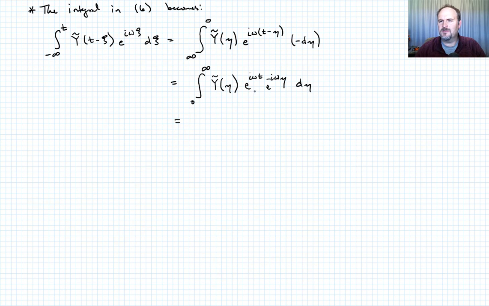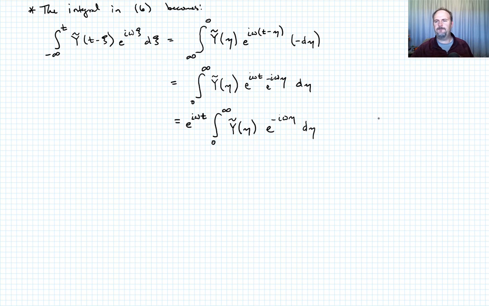Note that the variables of integration are not omega or t, so we can pull that outside the integral and write that this is e to the i omega t times the integral from 0 to infinity of y tilde of eta e to the negative i omega eta d eta. Okay, let's go ahead and call that equation 8.